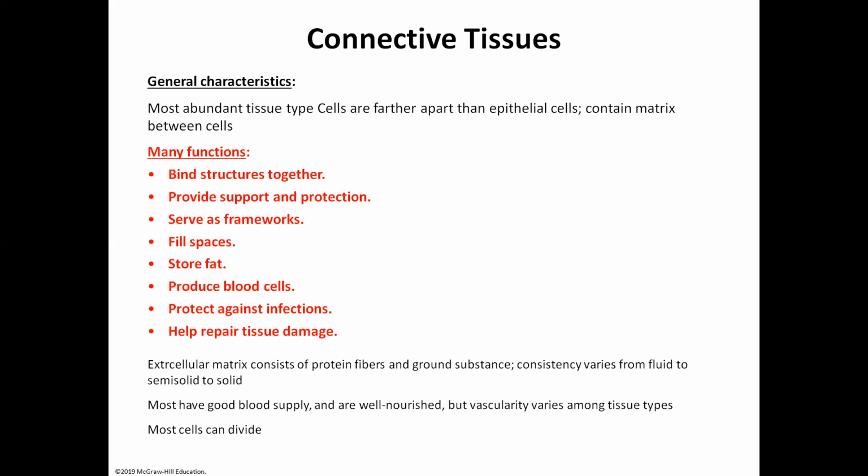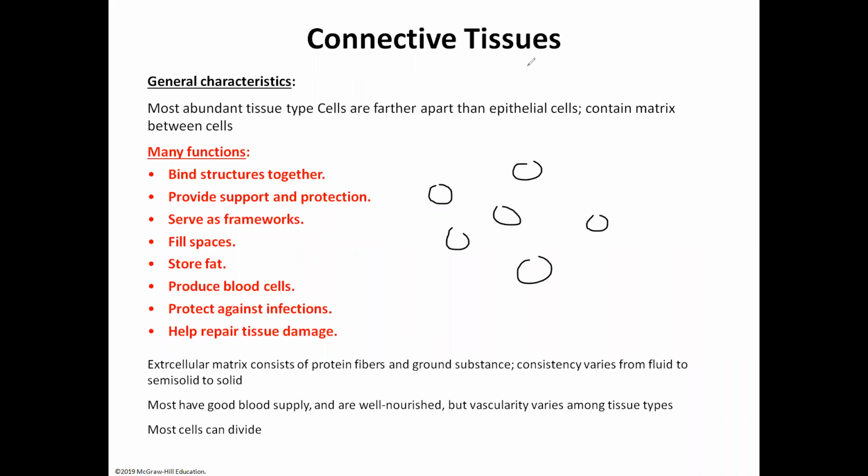Now, one thing to keep in mind with these cells, again, is that they're further apart and they contain what's called a matrix. This matrix is going to have different fibers and different substances, and it can be either a solid, a semi-solid, or a fluid. So imagine that you have certain cells, and again, they're going to be further apart.